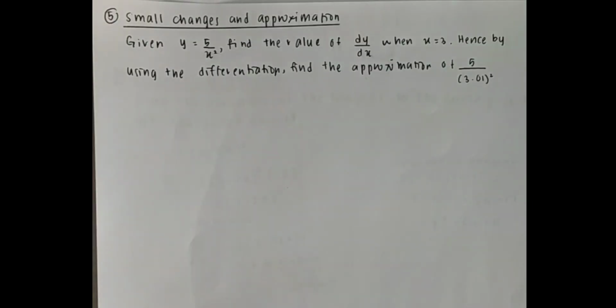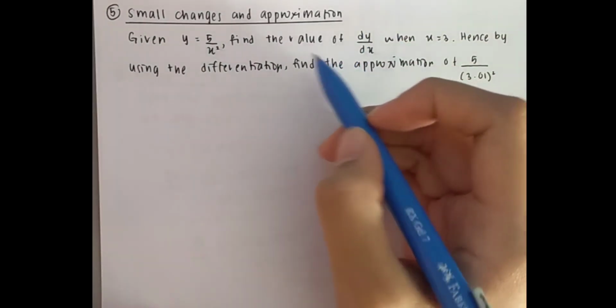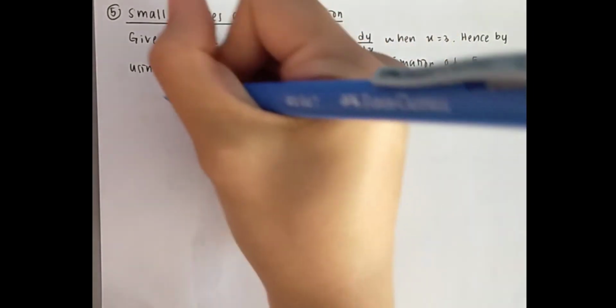So the last application of derivative is that we can use the derivative to find small changes and approximations. Given y is equal to 5 over x squared, find the value of dy over dx when x is equal to 3. Hence, by using differentiation, find the approximation of 5 over 3.01 squared. So first we need to find dy over dx.